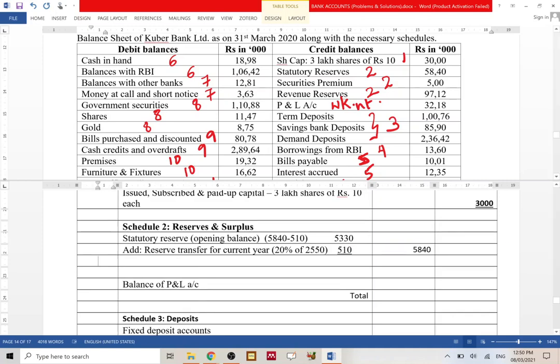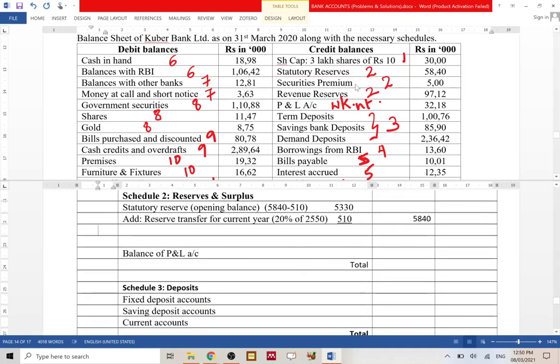Then what else do we have here in the reserves and surpluses? Next is securities premium. Amount for the securities premium, 500.